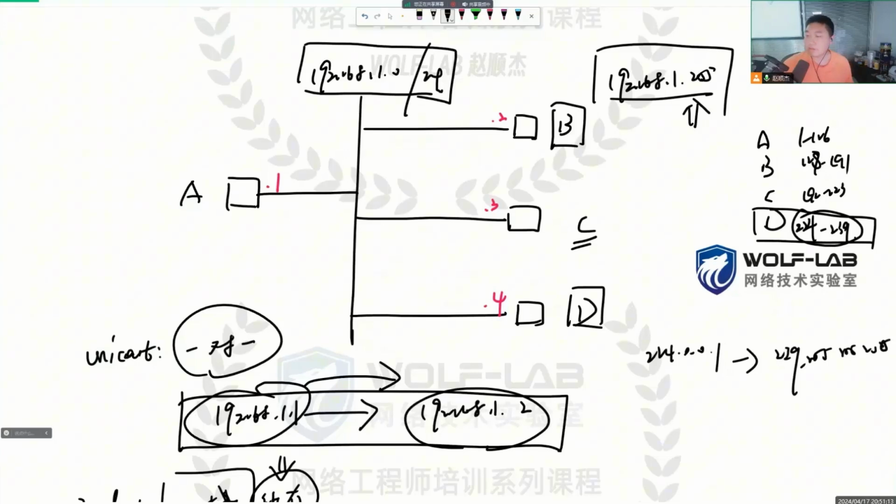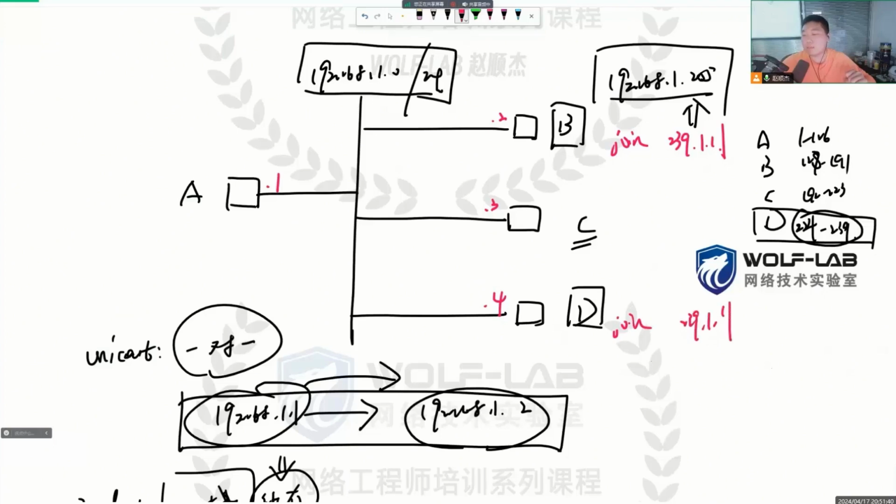So how should students understand multicast? Like a WeChat group. B joins a multicast group address, for example 239.1.1.1, and D joins the same group, 239.1.1.1. Then suppose our host A, 192.168.1.1, sends to the destination multicast address 239.1.1.1.